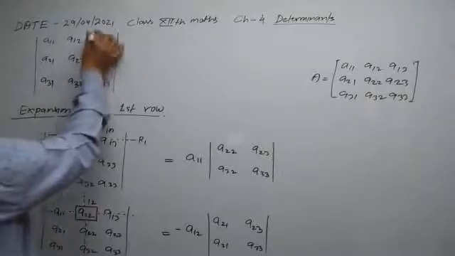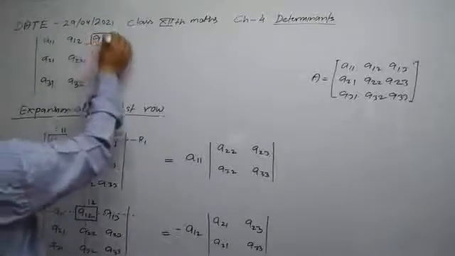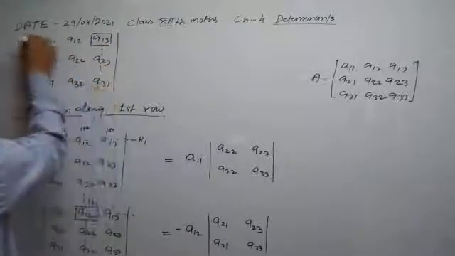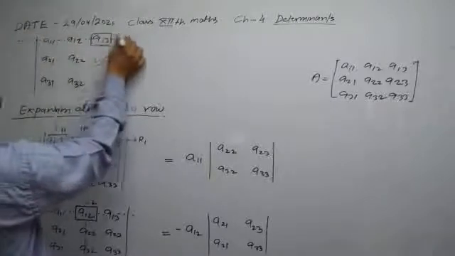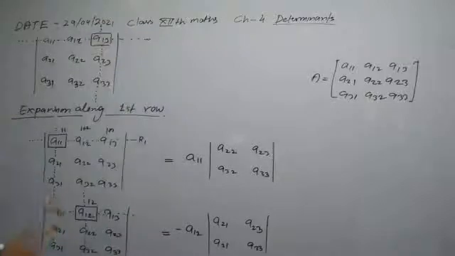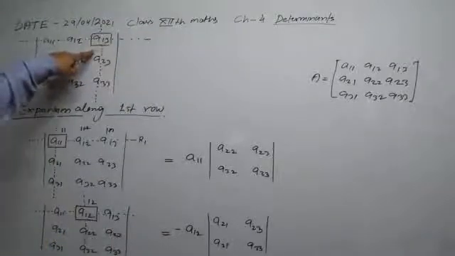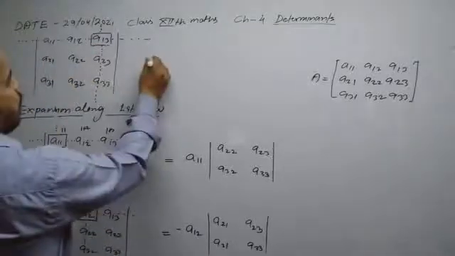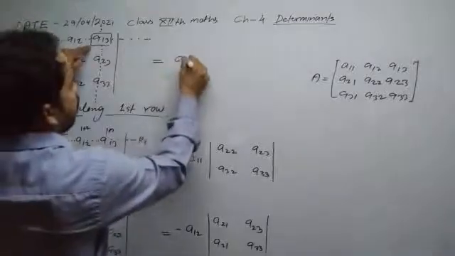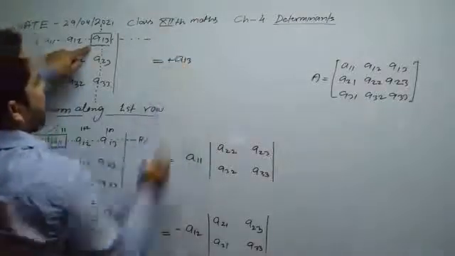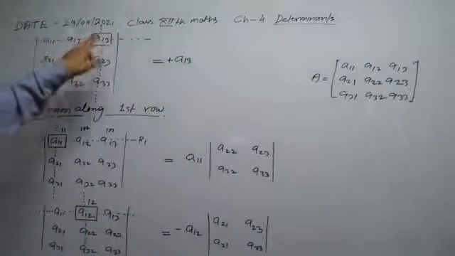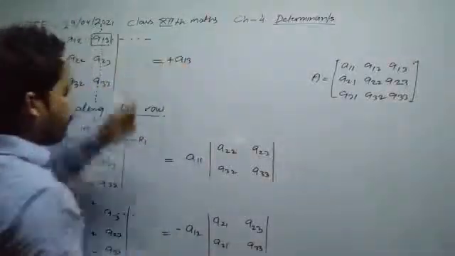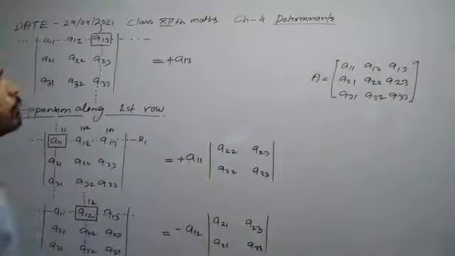For the third element of first row, its position will be even, because 1 plus 3 is equal to 4, and the result will be A13 with positive sign, because 4 is even. For even you will set positive. Similarly, A11 will be positive.